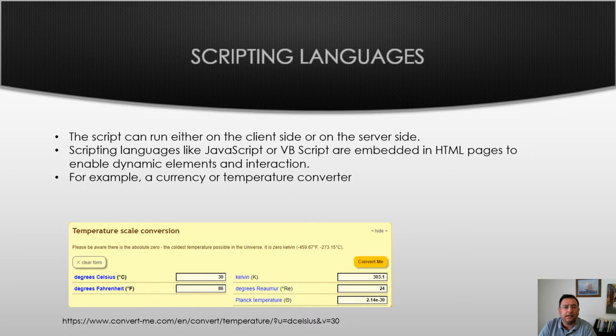For example, a currency or temperature converter in this example can be created with JavaScript and is interactive because it requests a number and then converts it for the client user.